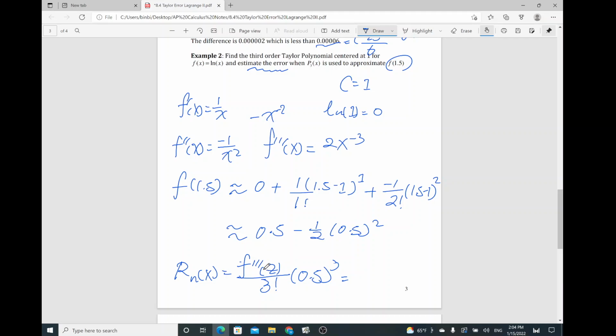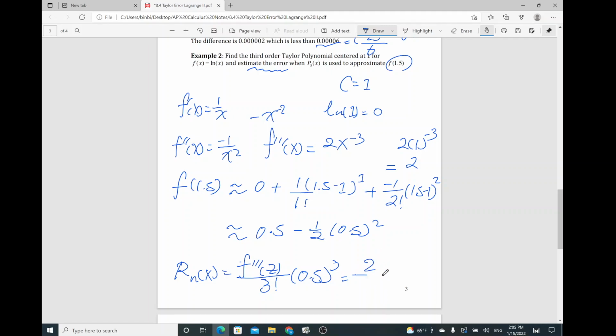In order to maximize the error here, this number is always bounded, so to guarantee that's the maximum error, this number must be 1. It's better to have that 1 there to have a maximum quantity. If you plug in c equals 1, then that would be 2.